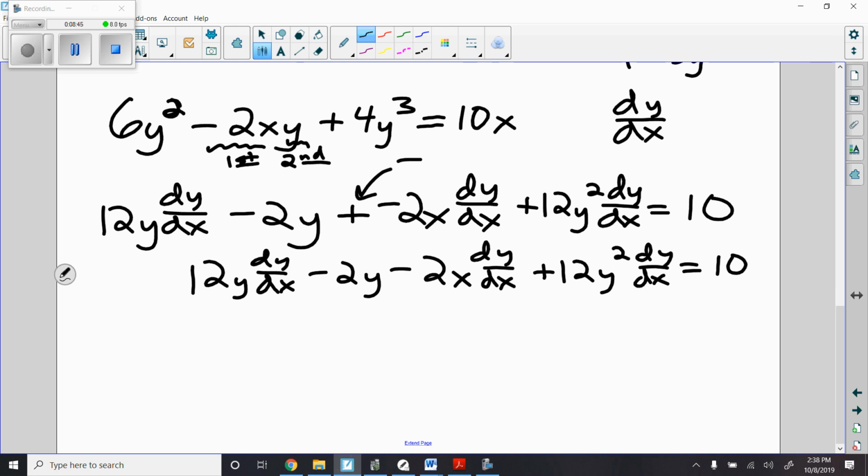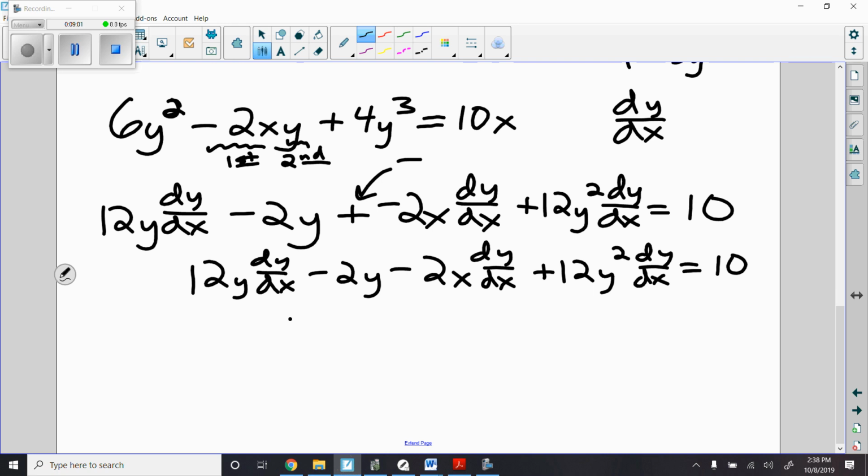Okay, so what I see here is I have 3 different dy dx's showing up because I had 3 different y's in the original problem. So I'm going to keep those all on the same side of the equals. I'm just going to add that 2y to the other side.